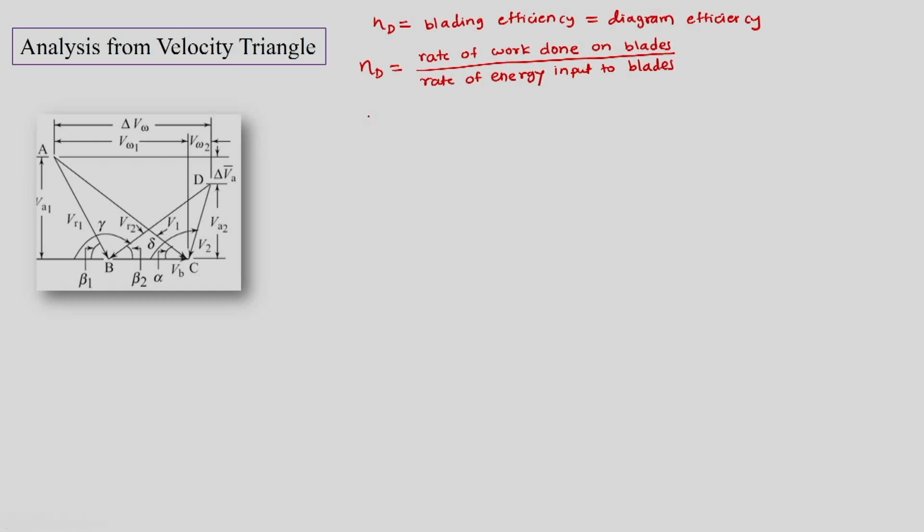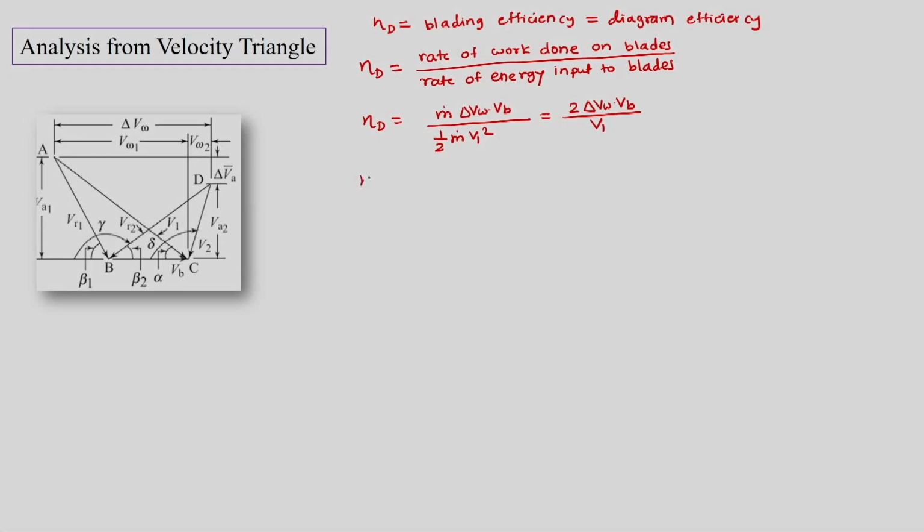Work done is m dot into delta VW into VB, and the energy supplied is 1/2 m dot into V1 square. So this becomes twice delta VW into VB divided by V1 square.